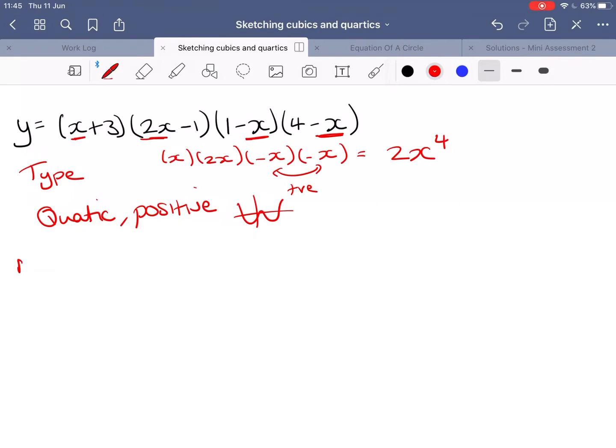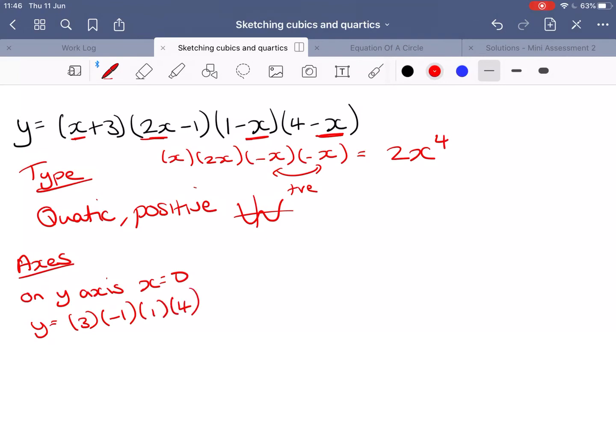Then I've just got to do my axes. Where do they cross the axes? So again, on y-axis, x equals 0. So my y is going to be 3, because the x 0 plus 3 is 3, times minus 1, times 1, times 4. Because if I set x equals 0 in each of those brackets, that's what's left.